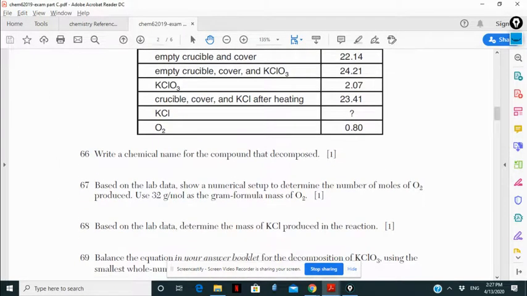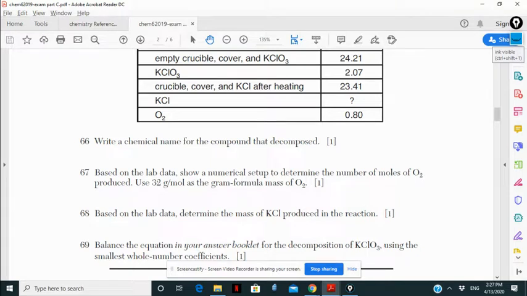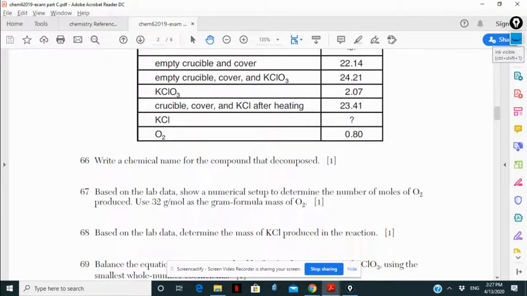Question number 67, based on the label data, show numerical setup to determine the number of moles.